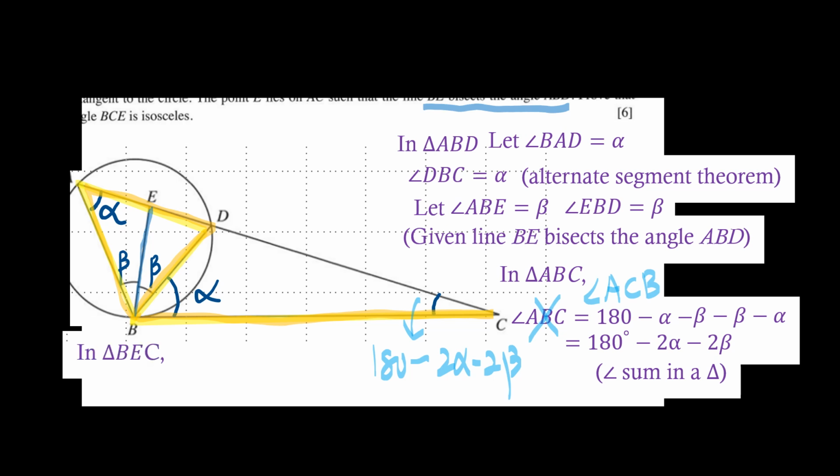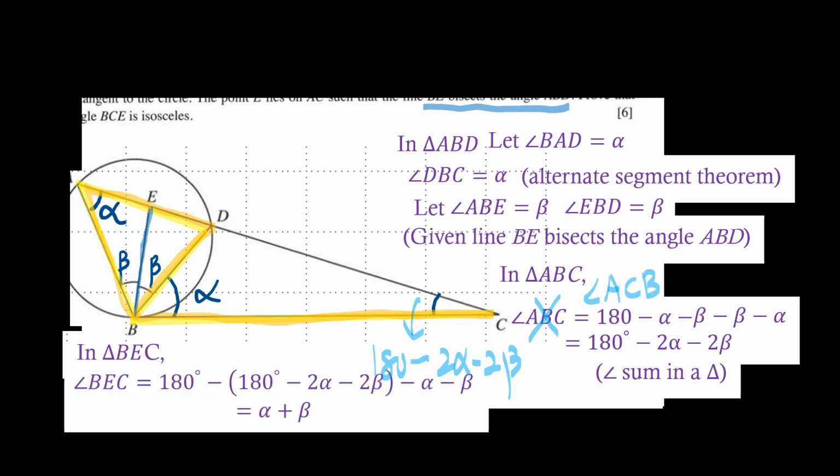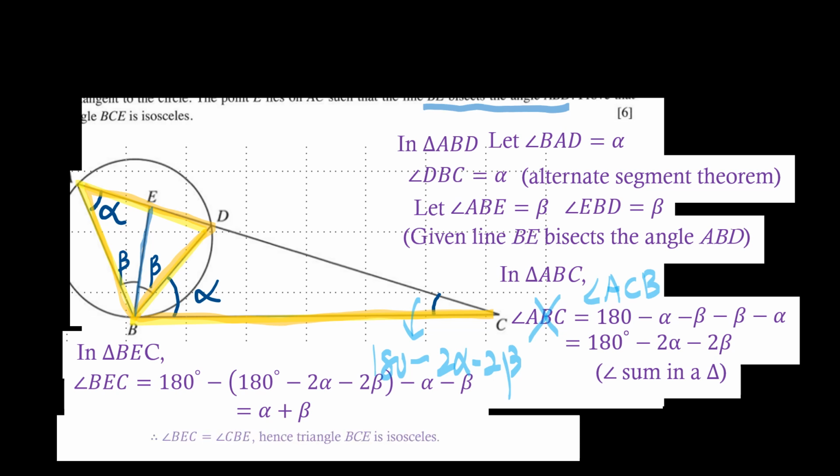Okay, so that, and then we're going to look at triangle BEC. And we're going to find angle BEC, which will be 180 minus what we found earlier on, ACB, minus alpha minus beta, and you get alpha plus beta. So what's the conclusion here?